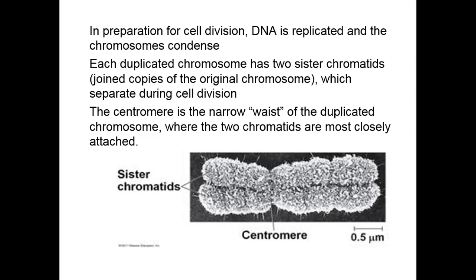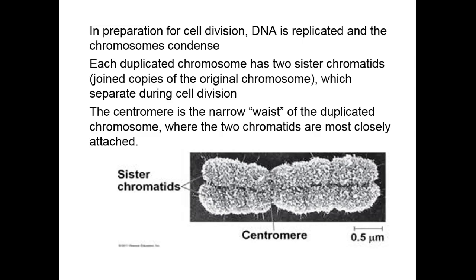A duplicated chromosome has two sister chromatids, which are copies of the original chromosome. Sister chromatids are exact copies, and they are going to be able to separate during cell division. And remember, you have 23 pairs of these.